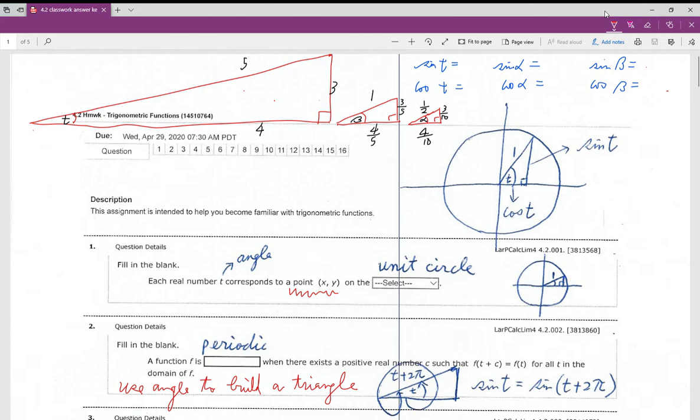Now, in the beginning, question number 1: each real number t corresponds to a point (x, y) on the unit circle. What does unit circle mean? Unit circle means the radius equals 1.